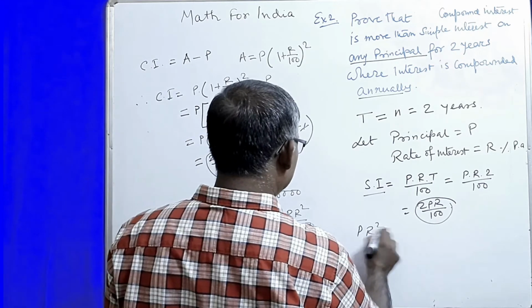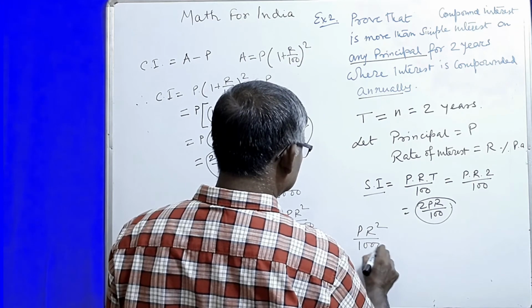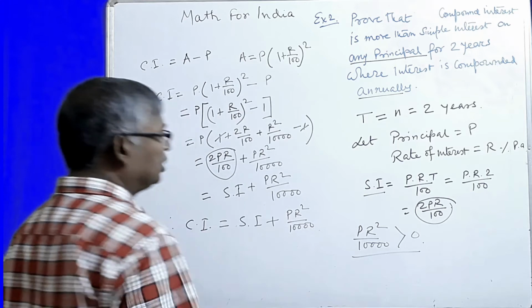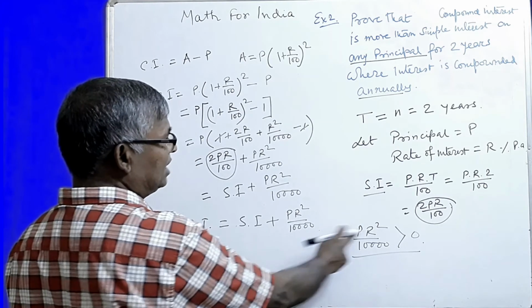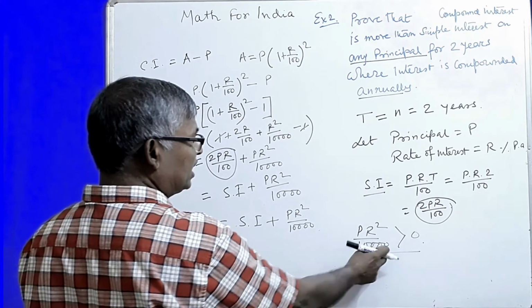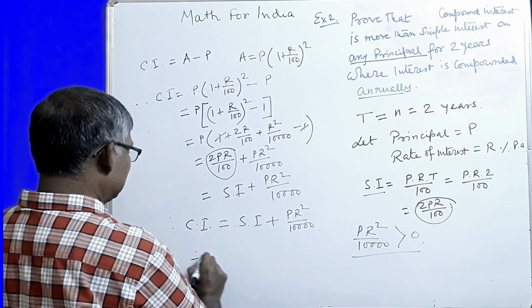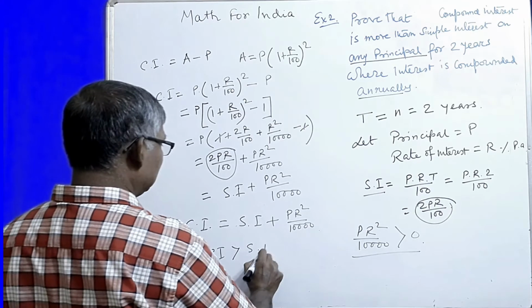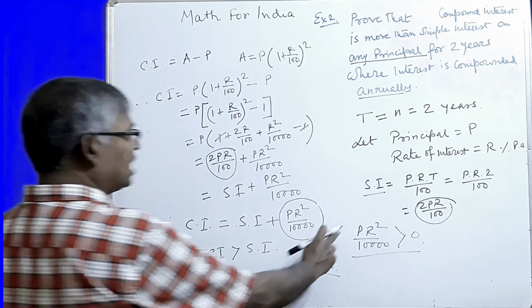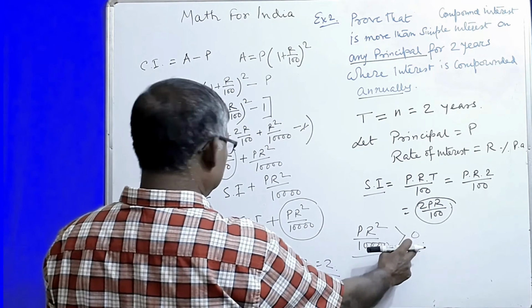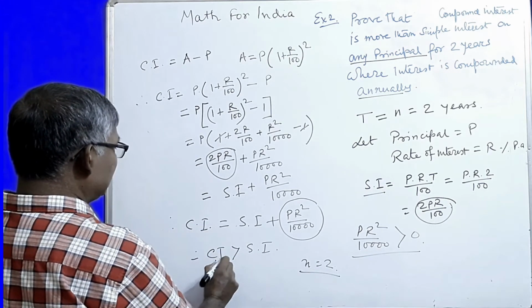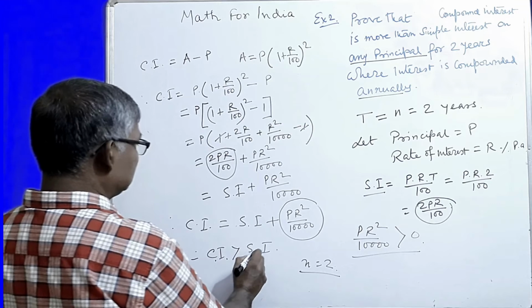PR square by 10,000 is greater than 0 because principal is always positive and R square is positive. Therefore, we can write CI is greater than SI. Since PR square by 10,000 always greater than 0, therefore we can write compound interest greater than simple interest.